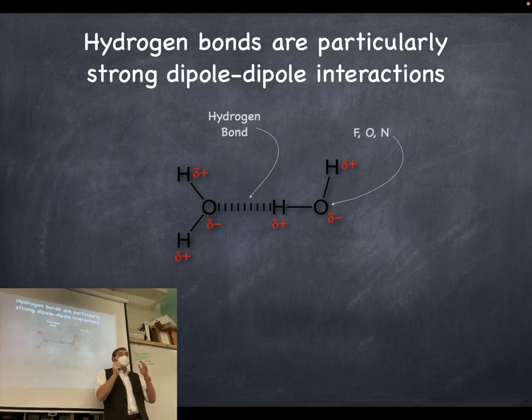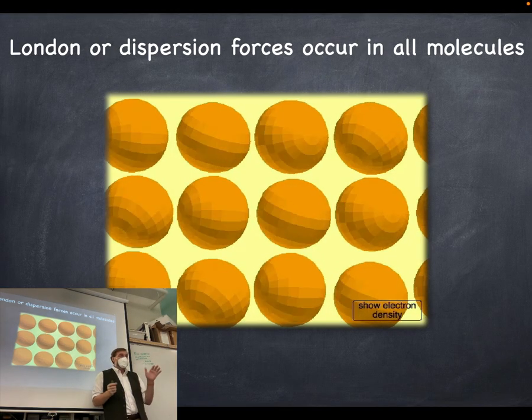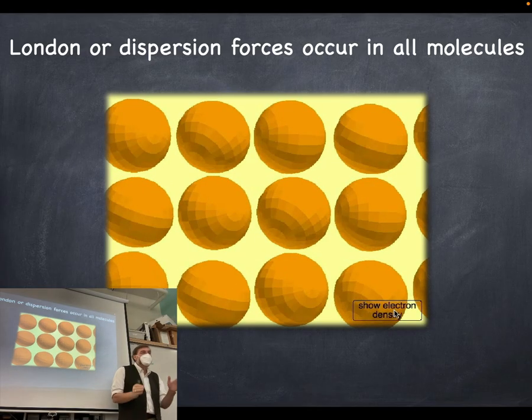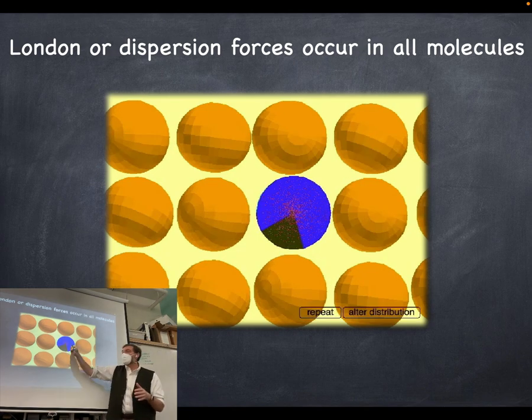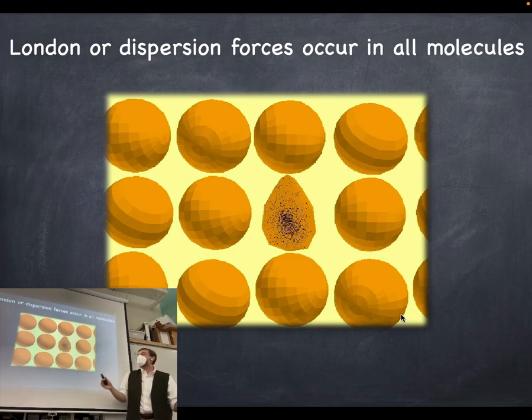Now, because non-polar molecules do not have any of these dipoles, these are the only forces that exist in non-polar molecules. They are known as London dispersion or just dispersion forces, and they are a temporary dipole. If you have an atom with a distribution of electrons, it can happen that the electrons randomly are unevenly distributed, giving us a negative end and a positive end in our atom or molecule, just due to random chance.